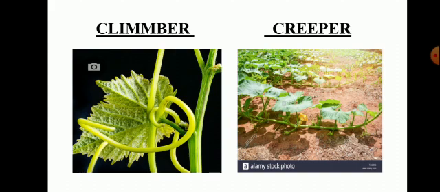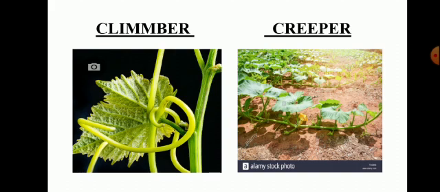Okay? These are the two differences between creepers and climbers. I will explain again. Herbs have soft, green and weak stems. Shrubs are bushy and have hard stems that do not bend easily. These are plants with the stem branching out near the base.